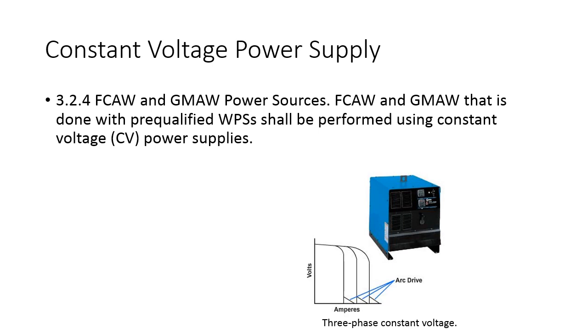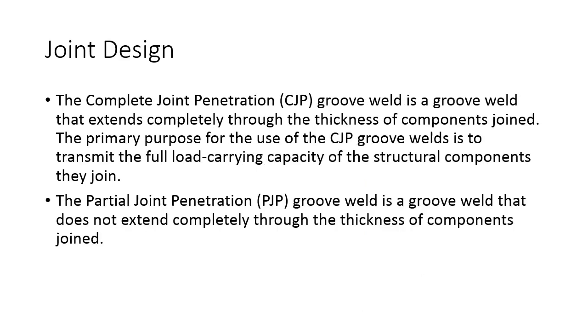You can't have a constant current. I know there are a lot of situations where you can run flux core and gas metal arc welding with a constant current machine, but to do it pre-qualified, you have to use a constant voltage power supply. You don't have any other options. So, something to keep in mind.